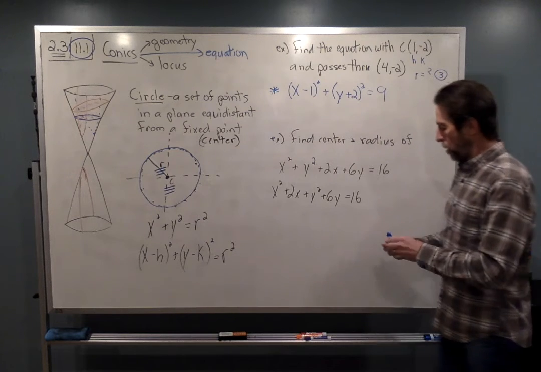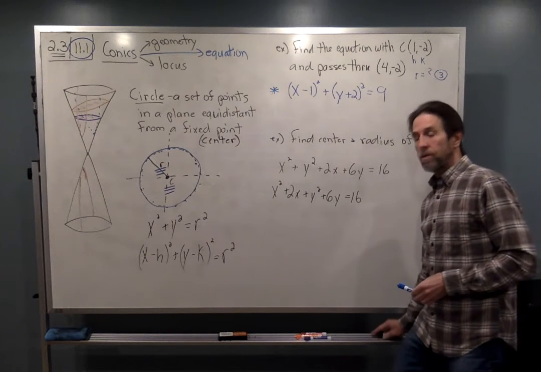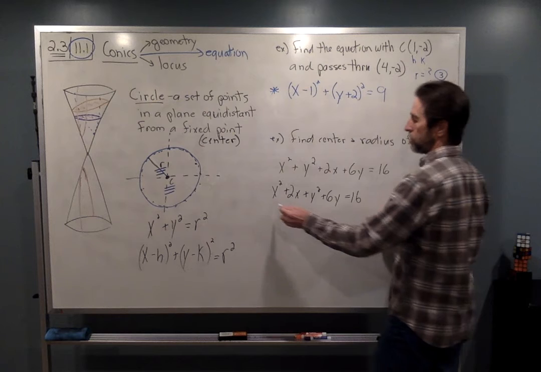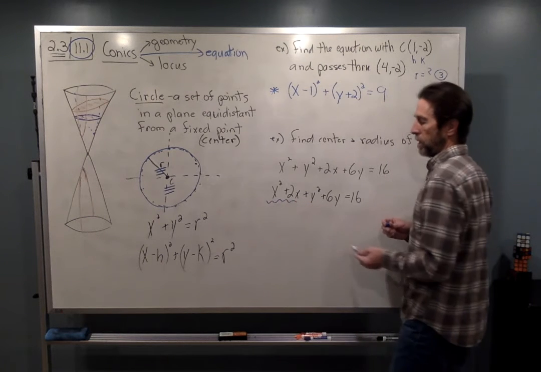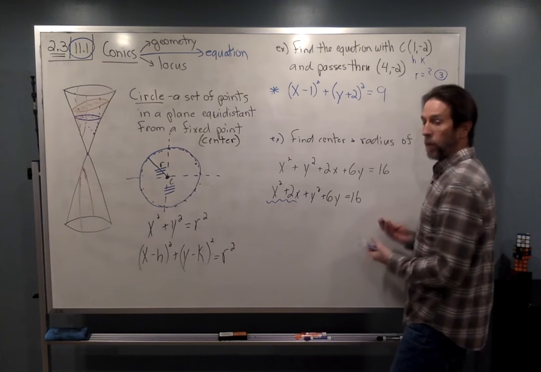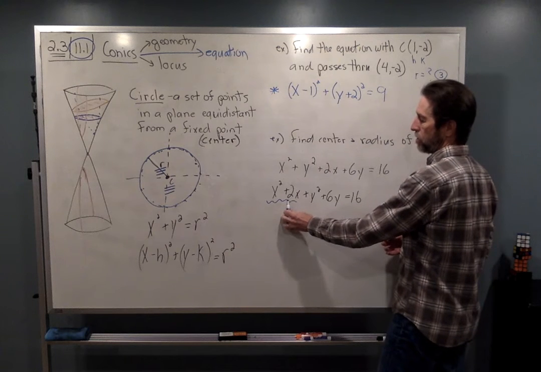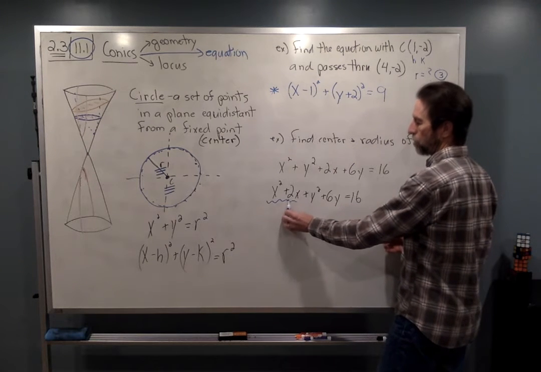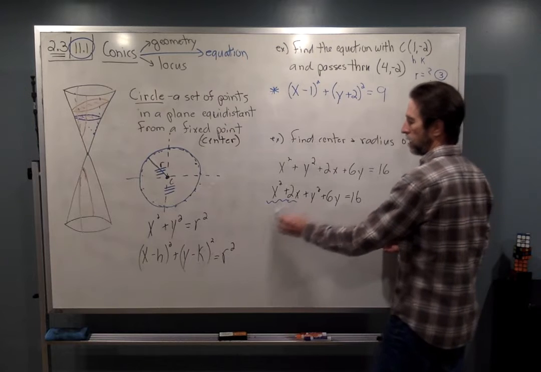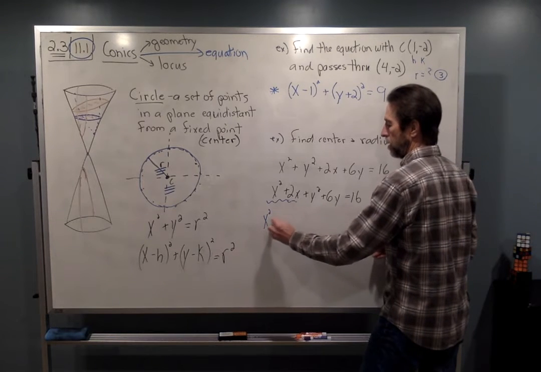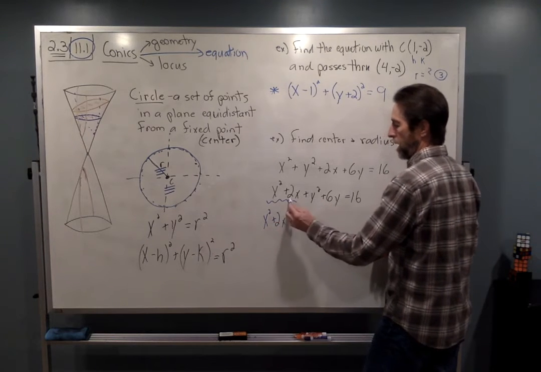So in completing the square, I basically need to look at the x and x squared terms, so these two. And if I complete the square on that, remember it's really three steps: take half the x coefficient, square it, and add it. Half it, square it, add it. So we've got x squared plus 2x. Half of that is 1, squared is 1, add it.